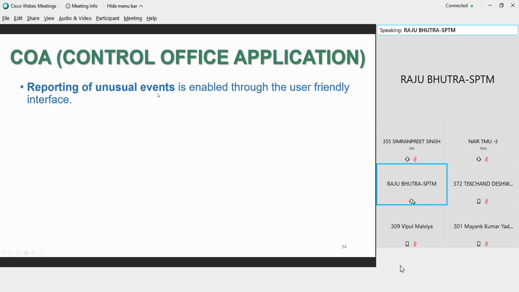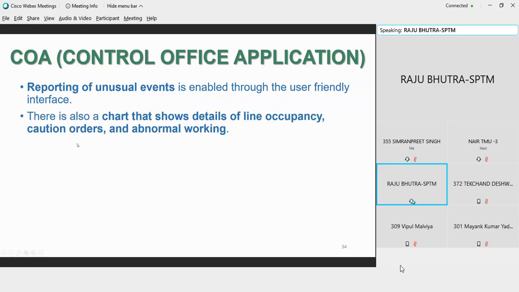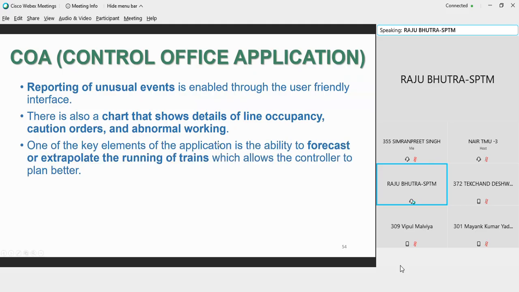Reporting of unusual events is enabled through a user-friendly interface. There is also a chart that shows details of line occupancy, caution orders, and abnormal working. One of the key elements of the application is the ability to forecast or extrapolate the running of trains, so that all the crossings and precedences can be planned by the section controller in a better way.